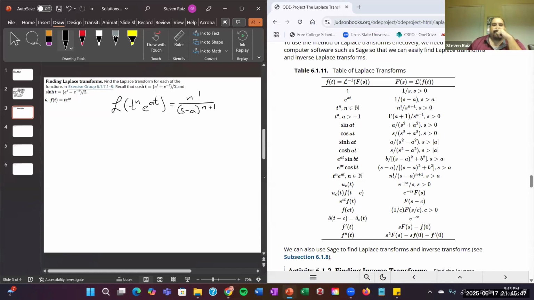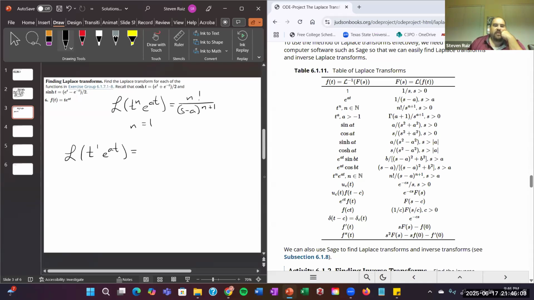So in the thing I'm looking at, what does n equal? Well, I have t to the first power. So if n equals 1, then what do I have? I have the Laplace transform of t to the 1 e to the at.